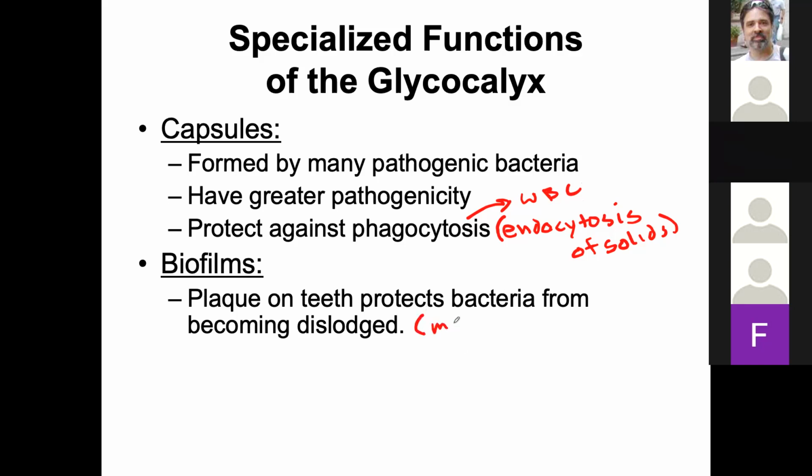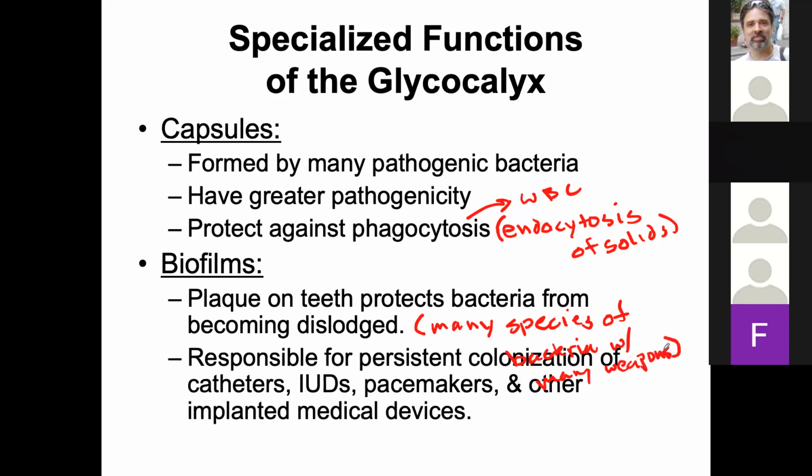So you've got many species of bacteria with many weapons, okay, different weapons to protect against attack. It's responsible for colonization of catheters and IUDs, pacemakers, and indwelling devices, right? Big problem, especially in hospitals, okay?